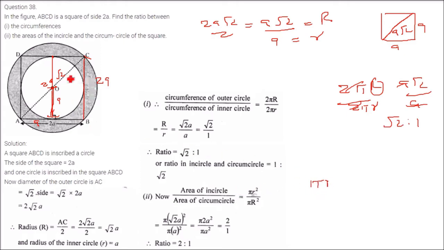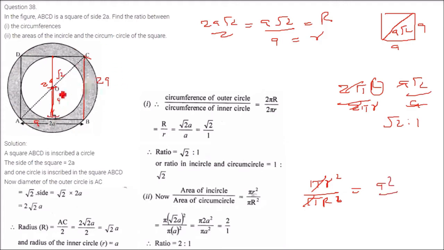The circumcircle is the outer one. We take the incircle, the smaller one, above and the larger one below, which is why capital R is in the denominator. Pi cancels. So this r square is the incircle, pi a square, a square, and this is equal to the circumcircle.